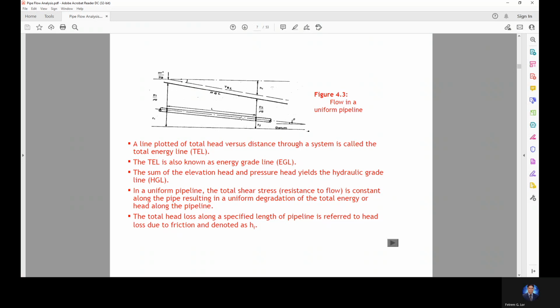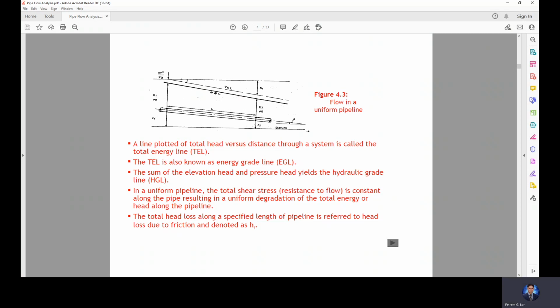So from point 2, there's a line projected above our datum. Going down, this is the head loss. The total energy involved is the same as point 1: elevation head, pressure head, velocity head. But this time at point 2, there is an additional head loss.